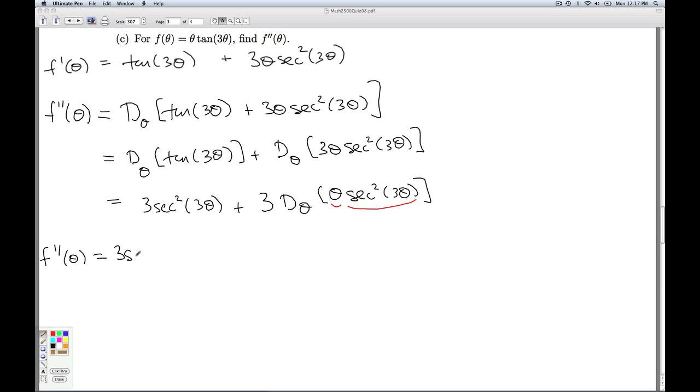I have 3 secant squared 3 theta plus 3 times the derivative of theta with respect to theta times secant squared of 3 theta plus theta times the derivative with respect to theta of secant squared 3 theta.